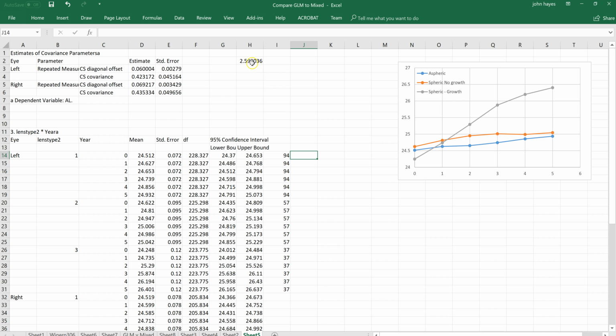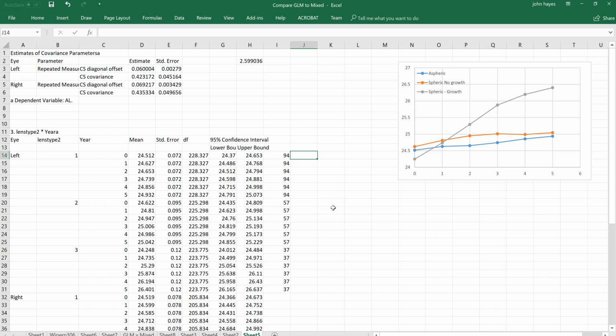The way we've taken the offset plus 6 times the covariance, the diagonal, gives us this number. And that actually is our equivalent to mean square error.